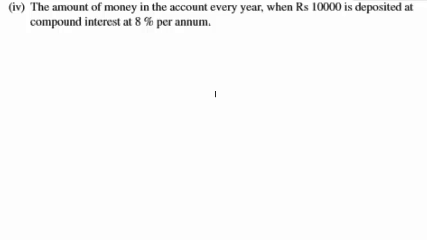Now you know the formula for compound interest. In compound interest, amount equals principal into 1 plus rate divided by 100 raised to power time. This was the formula of amount in compound interest that we discussed in our junior classes.